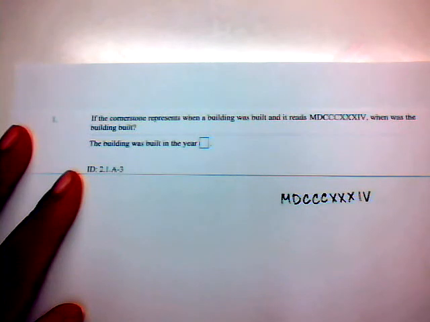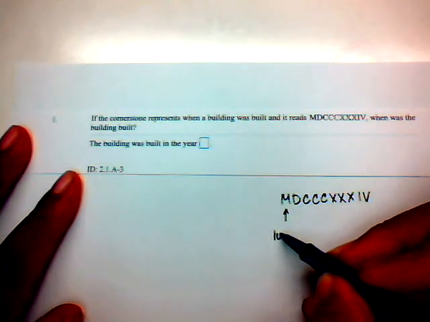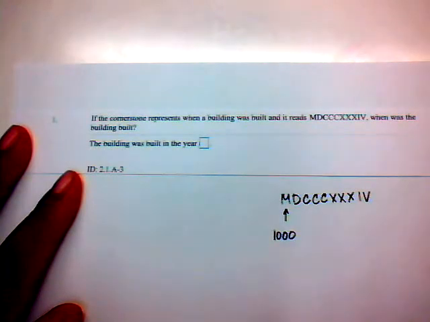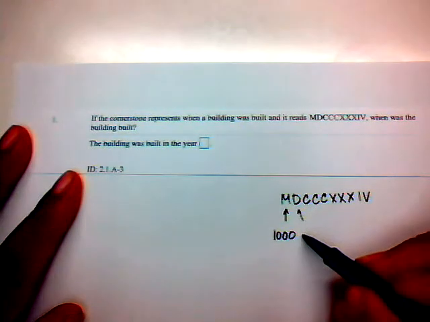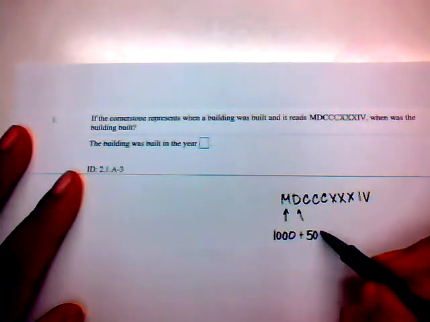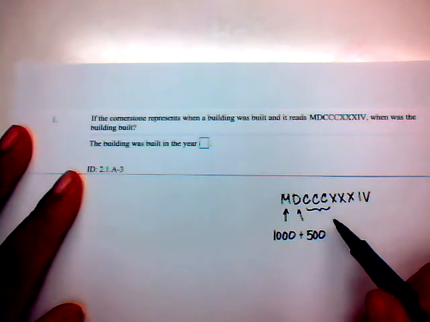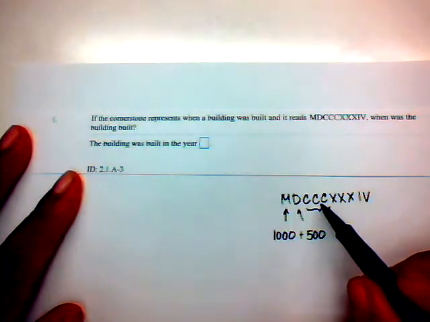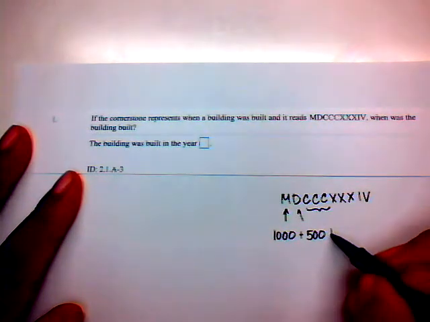Now, according to the Roman numeral system, the Roman numeral M represents 1000. And this D represents 500. And then each C represents 100. But we got 3 of them, so 100, 200, 300.